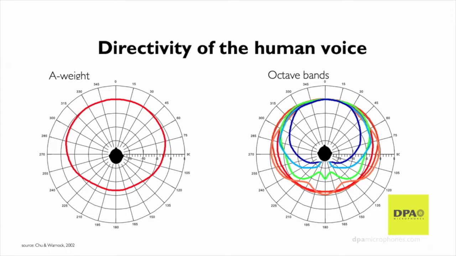But on the right-hand side, you see a polar pattern showing the level of the different frequencies around the person. The blue line is the higher frequency, the green are the mids, and the orange and the reds are the lower frequencies. Referring to the vowels and the consonants, you could say that the green and the blue are the consonants, and the red ones are the vowels.